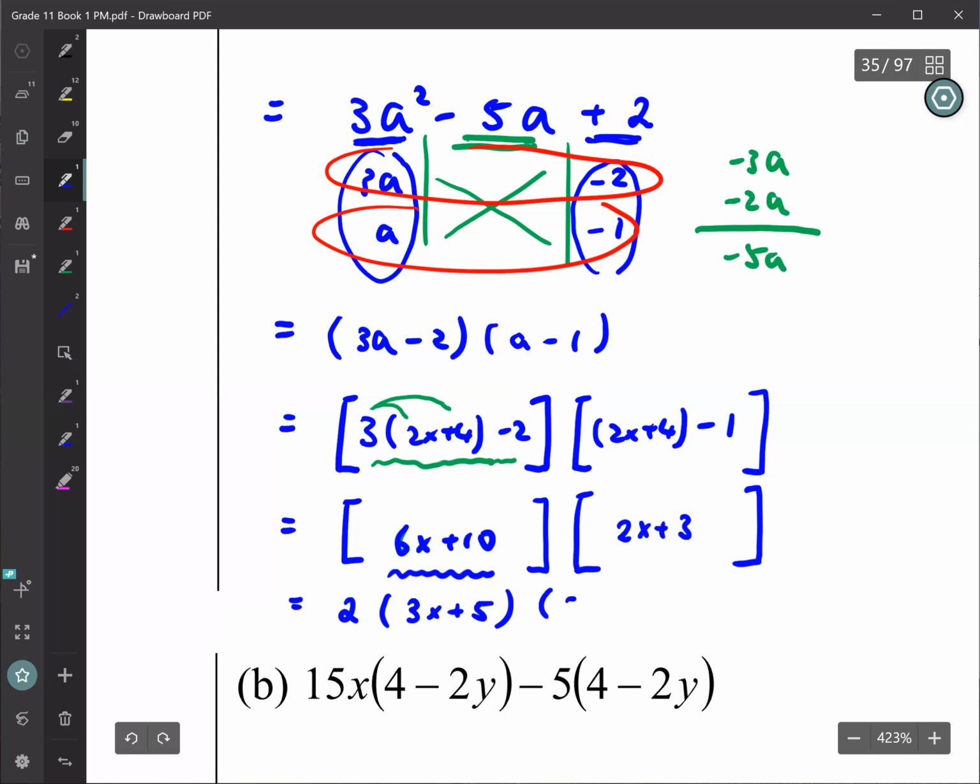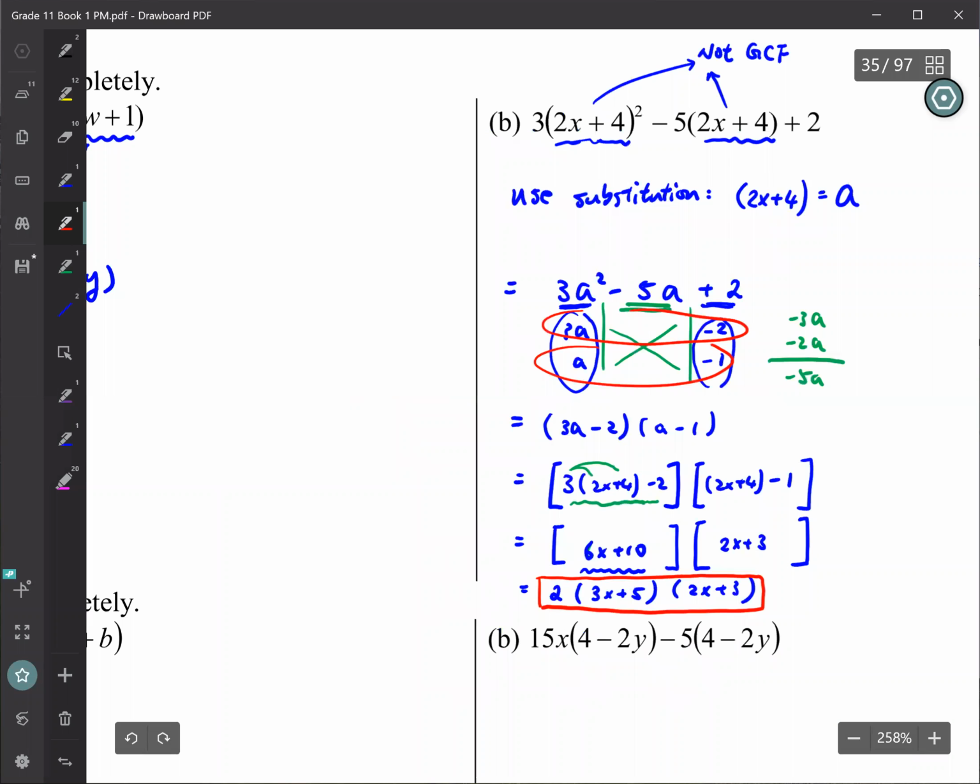And then the other one, just copy it: 2x plus 3. If there's another GCF from the second bracket, then you take it out and you multiply with the first GCF that you took out. So whenever you get GCF, you have to check and take it out if there is any.